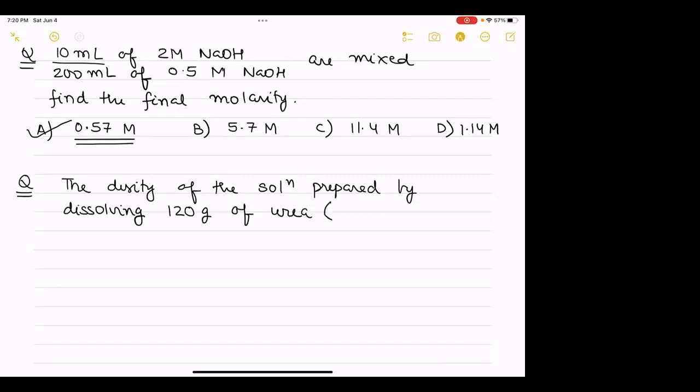What is the molar mass of urea? It is 60 gram per mole.